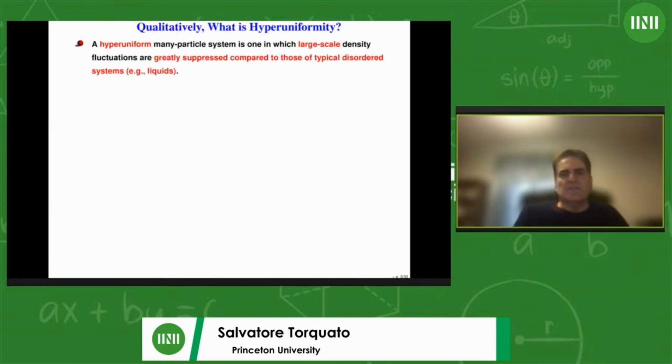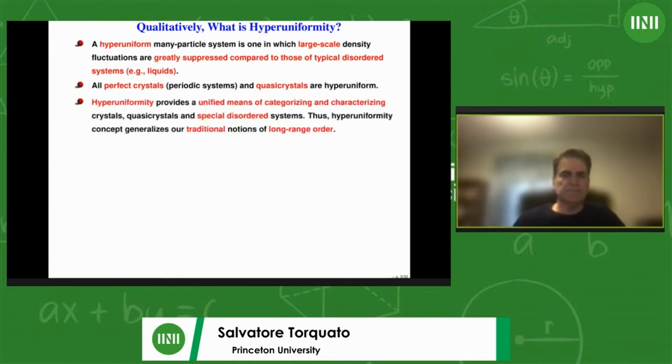All right, so first, let's say qualitatively, what is hyperuniformity? A hyperuniform many-particle system is one in which large-scale density fluctuations are greatly suppressed compared to those of typical disordered systems like liquids. Turns out that all perfect crystals and perfect quasi-crystals are hyperuniform.